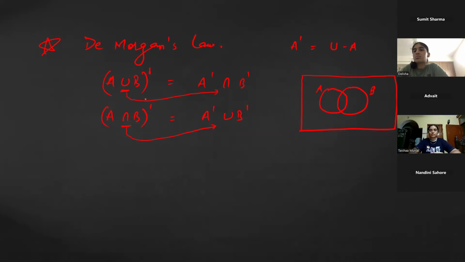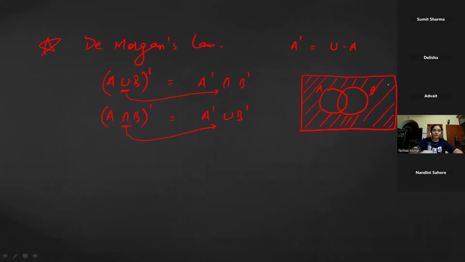So the complement of A union B will be the region outside A and B. This whole region of the rectangle except A and B. So this will be the required area, or you can say required portion of this. And this is U here, right? So this denotes A union B whole complement. And this is also equal to A complement intersection B complement.